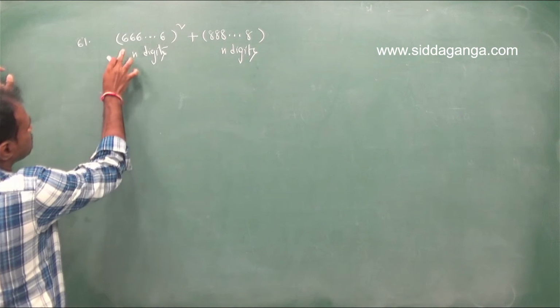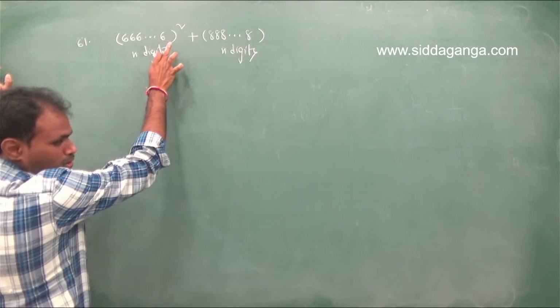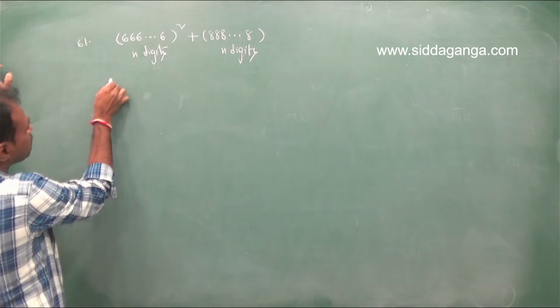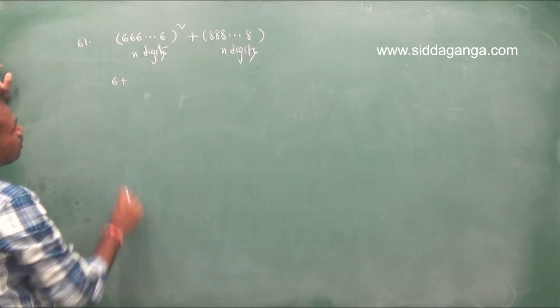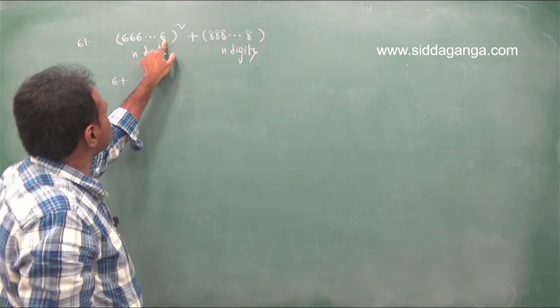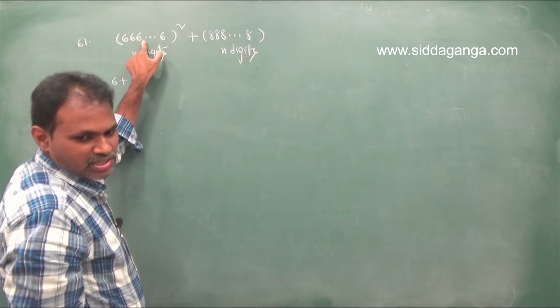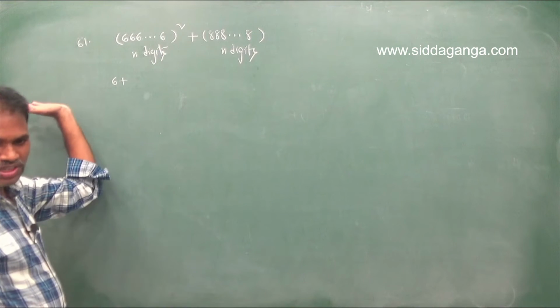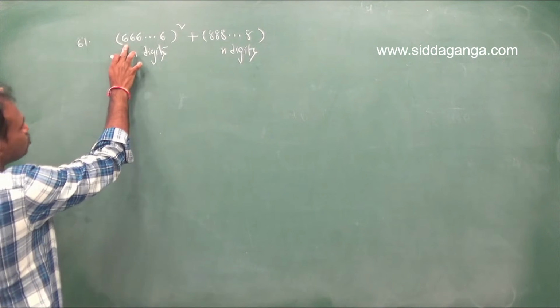Now here 6 into 6 into 6 into up to 6, whole square. This you can write as 6 plus, suppose it is units place, it is tens place, it is hundreds place, like that. That's why I am writing it in reverse, that is units place.